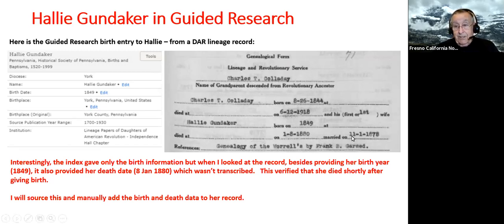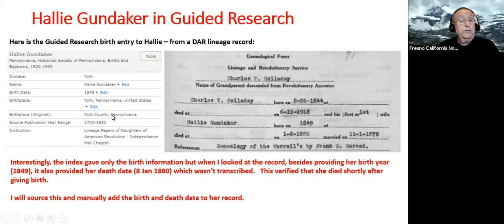Well, the marriage date we already knew, and we had a suspicion that she died before the 1880 census, and she died on the 8th of January in 1880 before the census was taken, and it gives us a date. Notice the death information's not in the transcription.